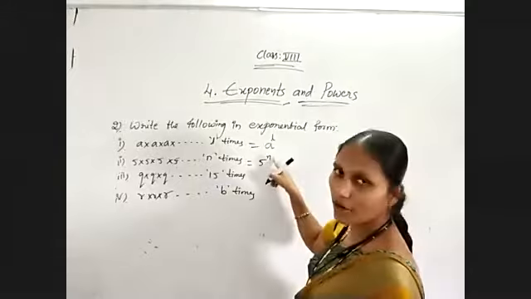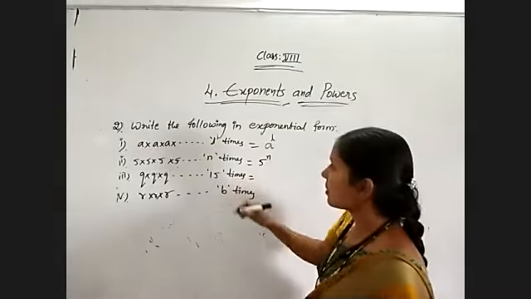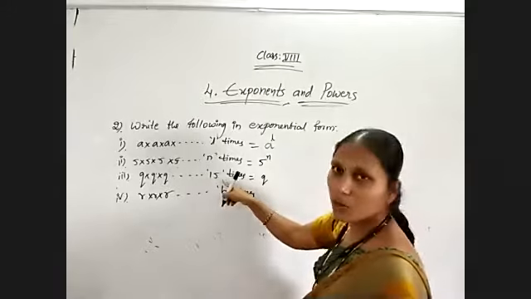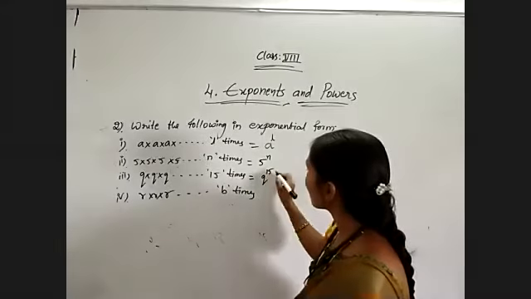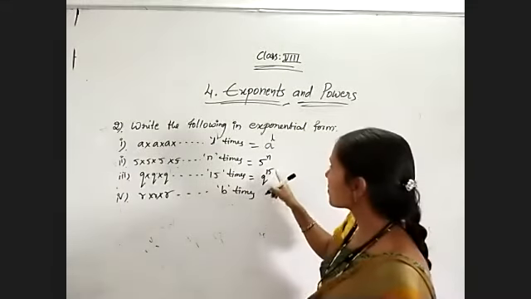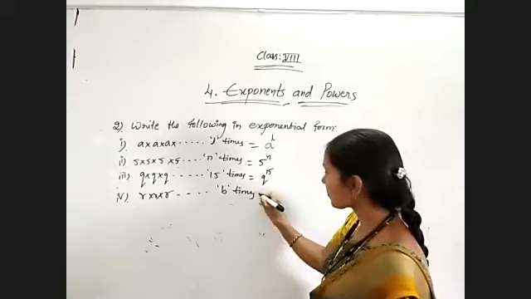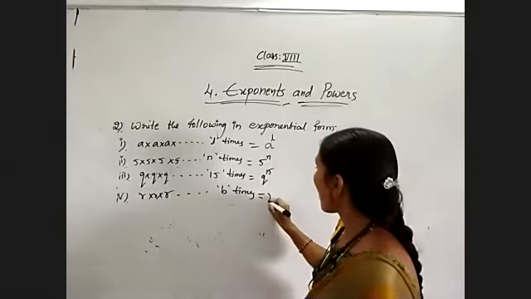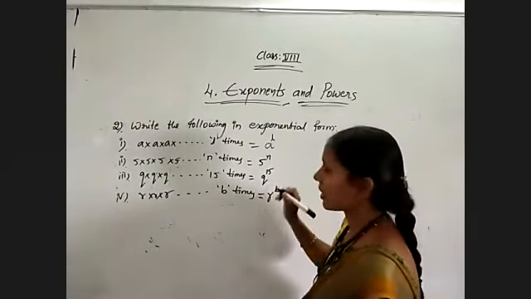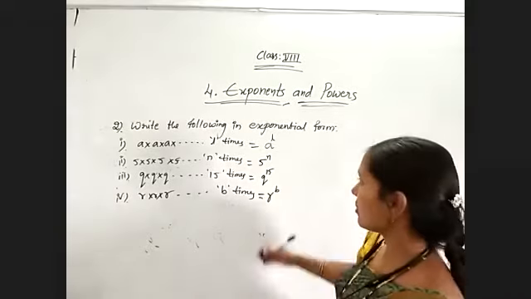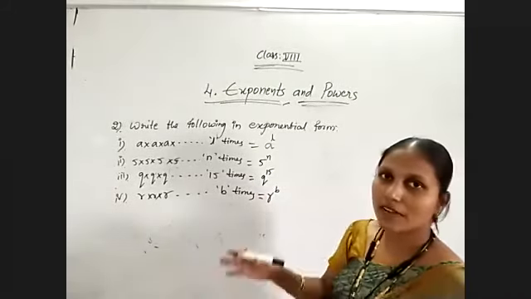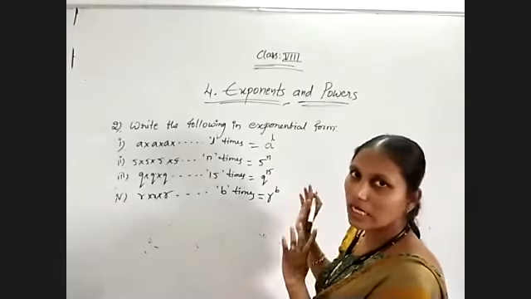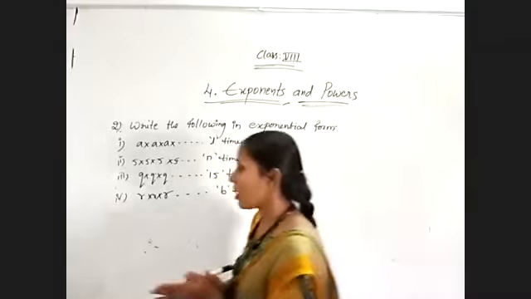And next, the base is q and its exponent is 15. So it is known as q raised to the power of 15. Next, r b times. So r raised to the power of b. That's it. When exponential form is given, write in the product form. If product form is given, write in the exponential.